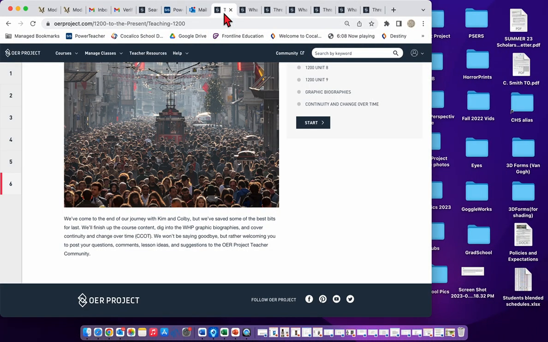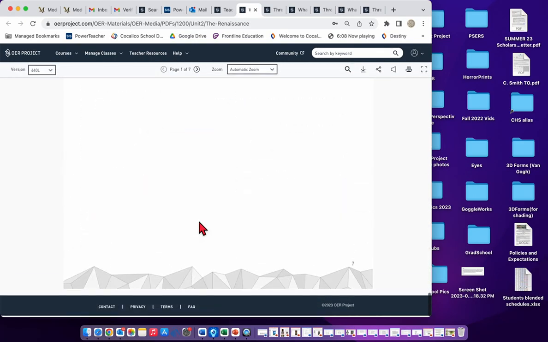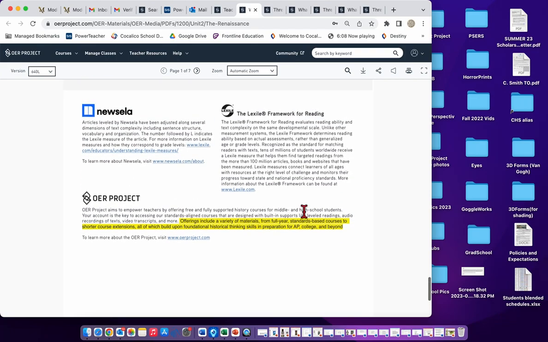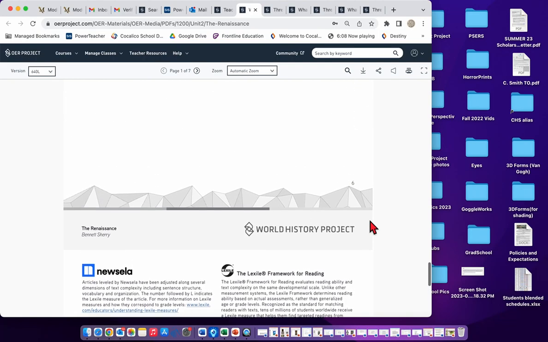There was a piece on that at the bottom here. Offerings include a variety of materials from full-year standards-based courses to shorter course extensions. So it is standards-based.